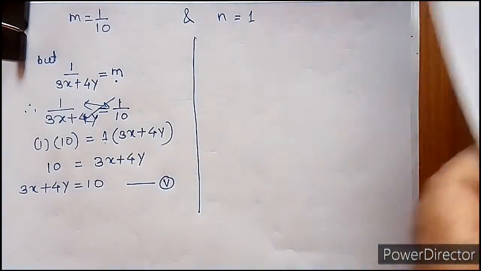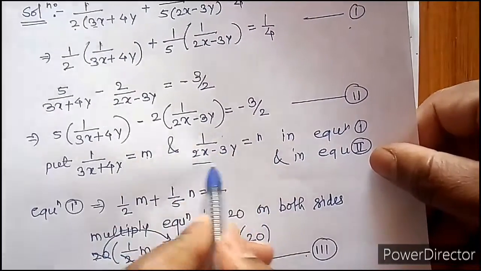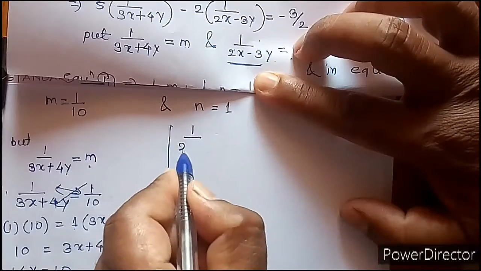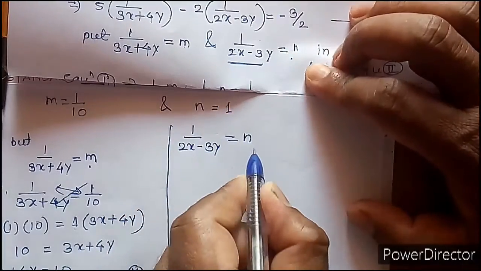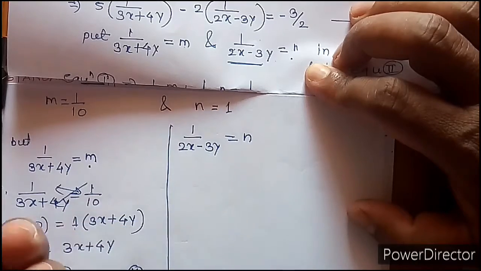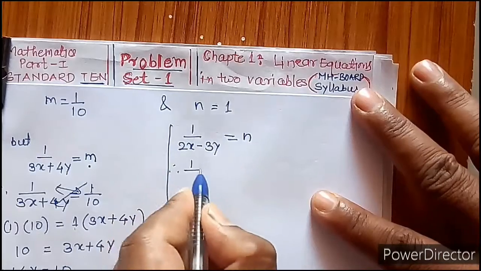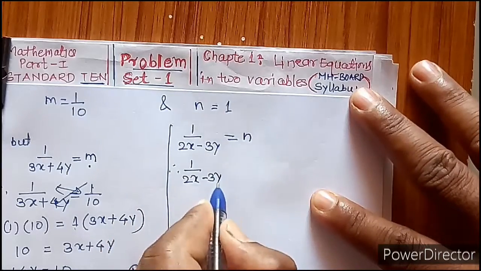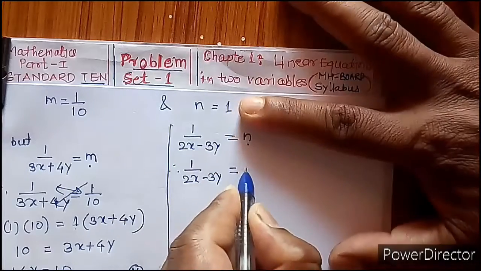We put the value of 1/(2x-3y) equals n here. Therefore write down 1/(2x-3y) equals n, because we have already put this value earlier. But the value of n we get is 1, therefore write down 1 here.